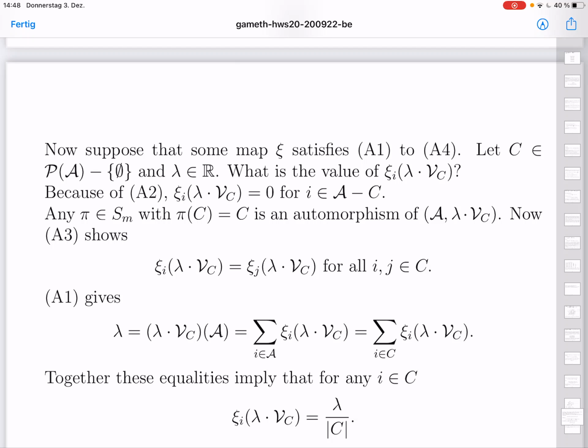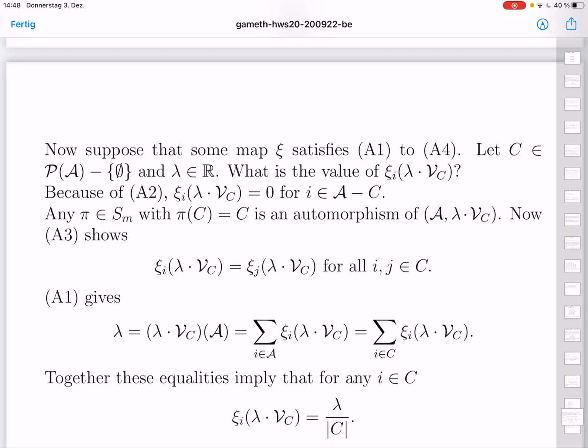So the dummy players of the collision valuation Vc are precisely the players in A minus C. So if i is in A minus C, then it's a dummy player, and then by axiom A2, psi i of lambda times Vc is equal to 0. The Shapley value of lambda times Vc vanishes at the indices of the dummy players. So these values are 0.